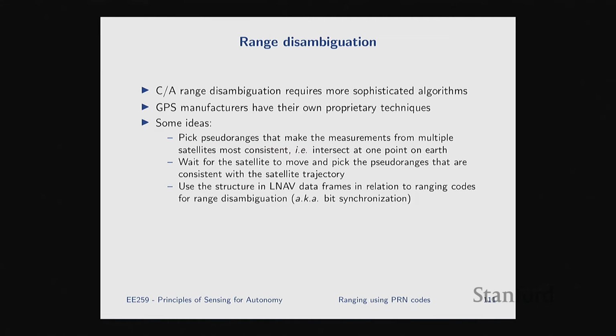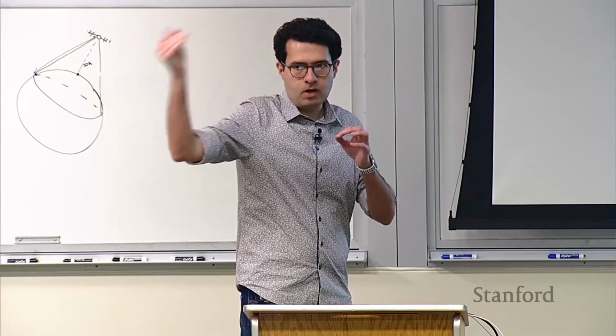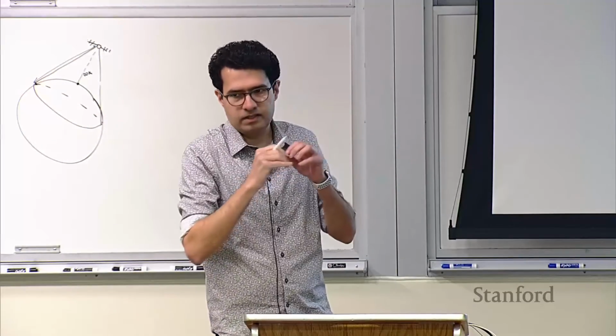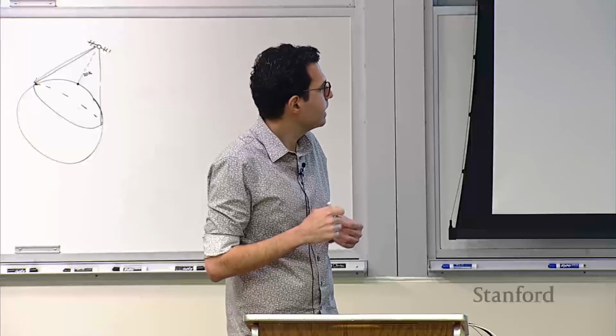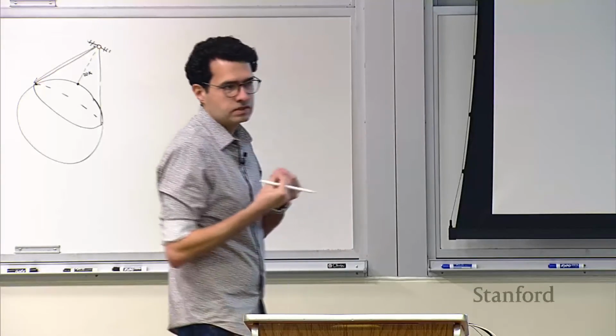One is, the pseudo-range from each satellite is ambiguous, but we always have multiple satellites to work with. So you can use your multiple measurements, and remember, these should define spheres that intersect at almost one point. Based on that geometric constraint, you can pick the pseudo-ranges that are geometrically consistent.